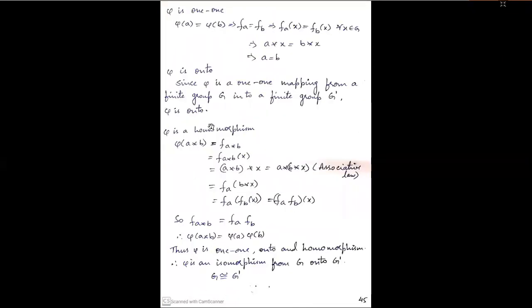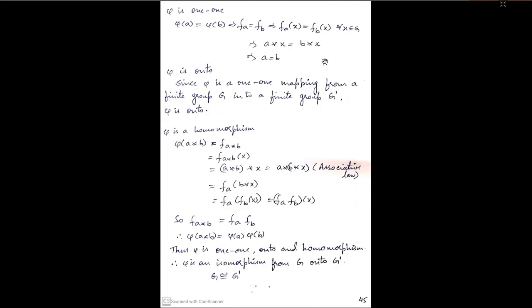Now, to show that it is an isomorphism, it has to satisfy three conditions. That is, phi is 1-1, onto, and a homomorphism. So let us first check phi is a 1-1 function. For that, we have phi(a) = phi(b). This implies that f_a = f_b from the definition, that is, f_a(x) = f_b(x) for all x belonging to G. Now from the definition of f_a(x), that is a * x, equal to b * x.